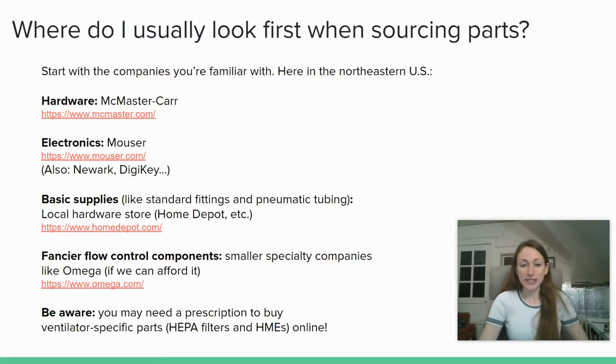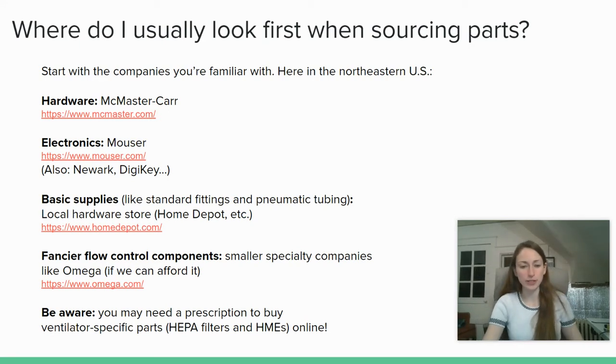If I just need some basic supplies like standard NPT fittings and pneumatic tubing, I can just go to a local hardware store like Home Depot. And if I want some fancier flow control components, I have a few companies that I like to look for first. These smaller specialty companies include places like Omega, but they do tend to be more expensive than some of the other hardware suppliers.